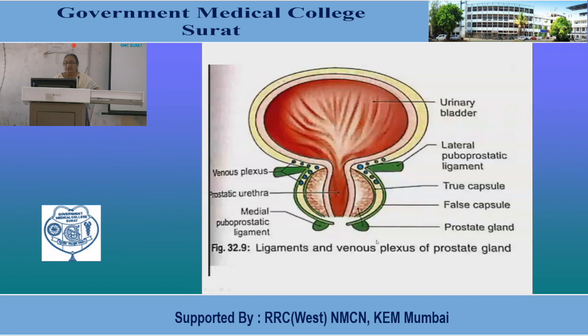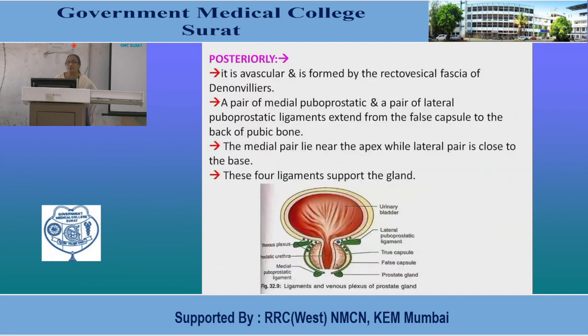So the ligaments and the venous plexus of the prostate gland: the lateral puboprostatic ligament and the medial puboprostatic ligament are seen along the upper part and the lower part respectively. The pair of medial and the pair of lateral puboprostatic ligaments extend from the false capsule to the back of the pubic bone, as we have seen in the previous diagram.